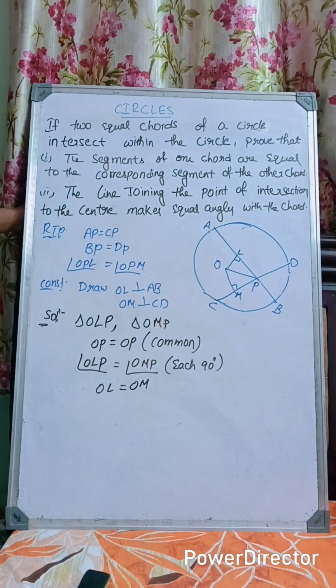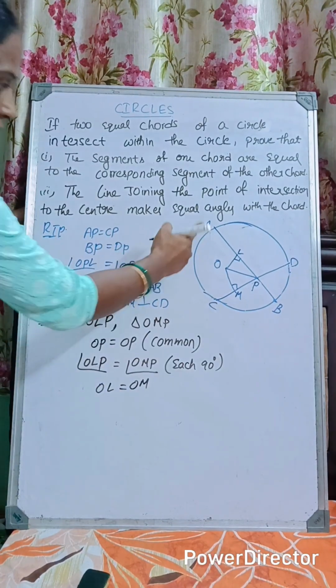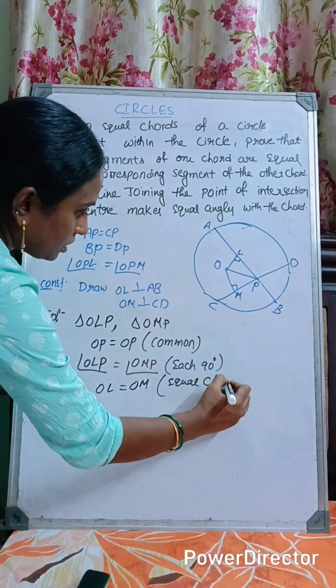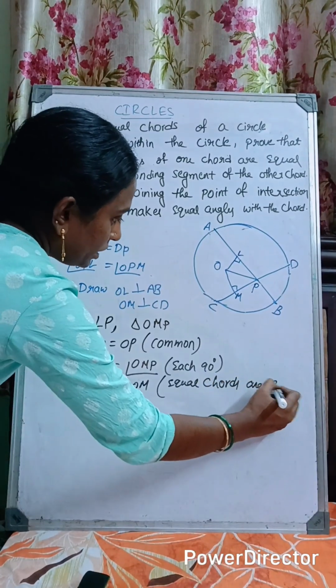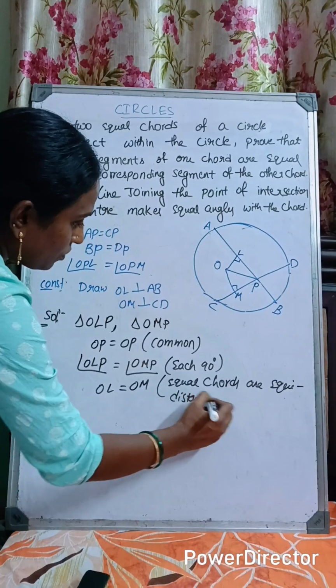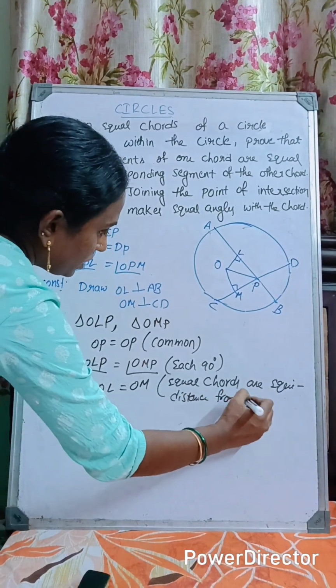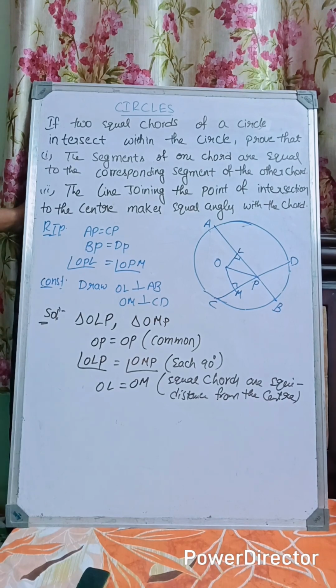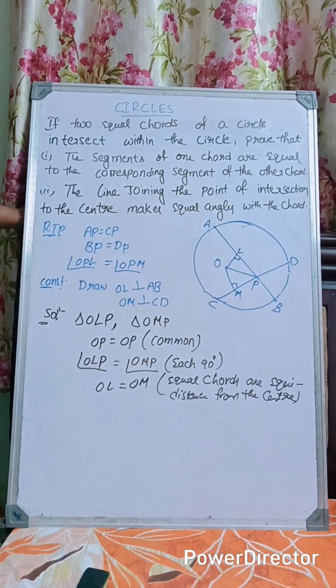By which point? Equal chords are equidistant from the center. Correct? Equidistant from the center. So OL is equal to OM we got.